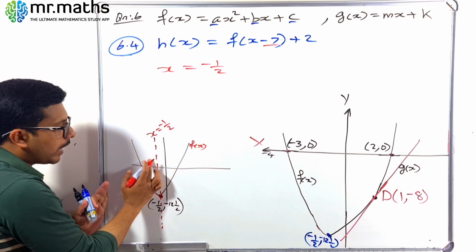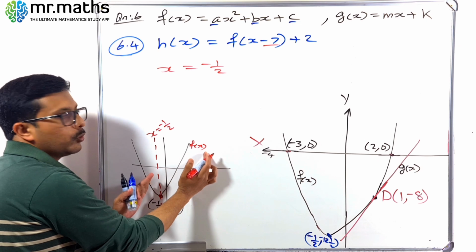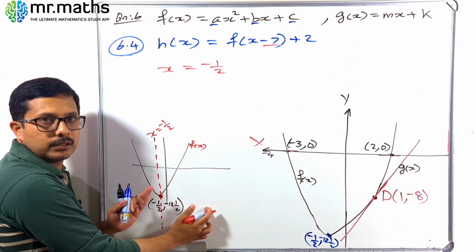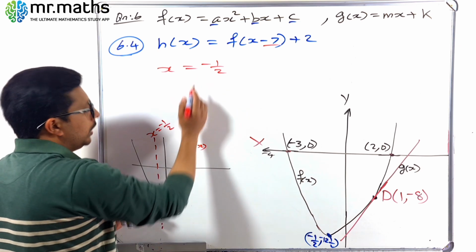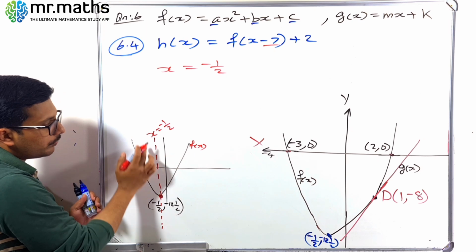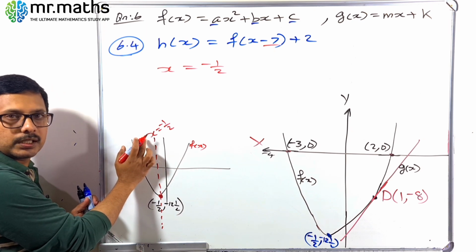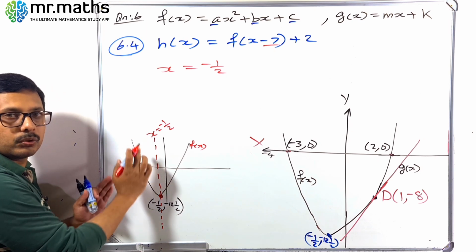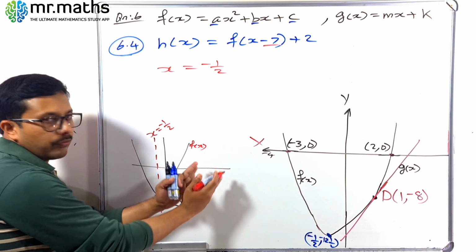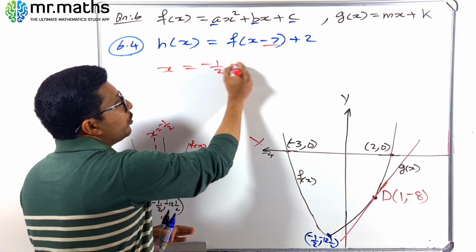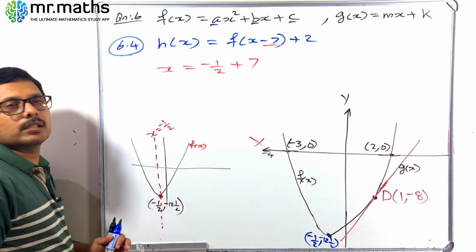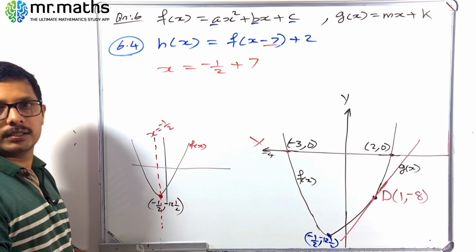That means this axis of symmetry also will move 7 units to the right. Do you understand? In the f of x graph, the equation of the axis of symmetry is x equals minus half. Shifted 7 units to the right, the new axis of symmetry is minus half plus 7.